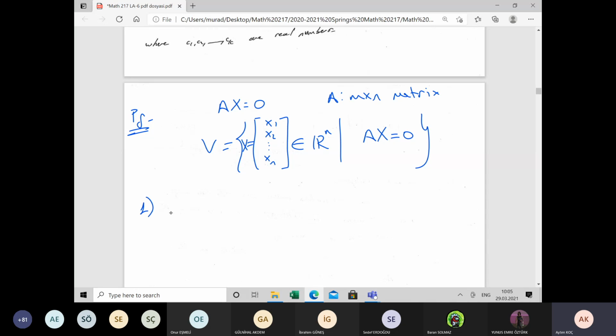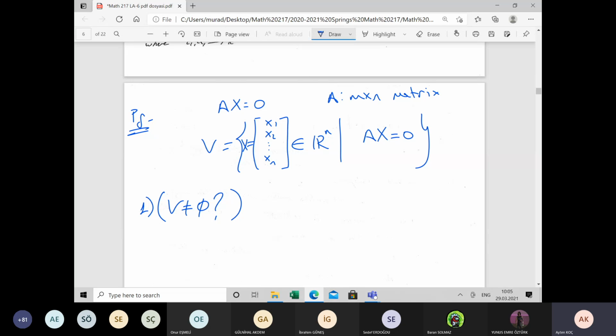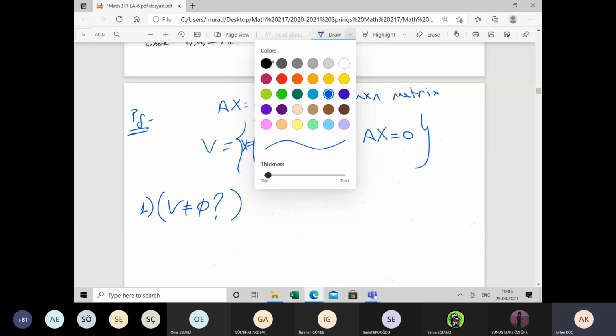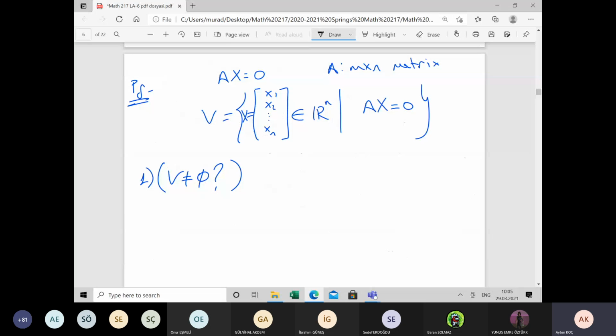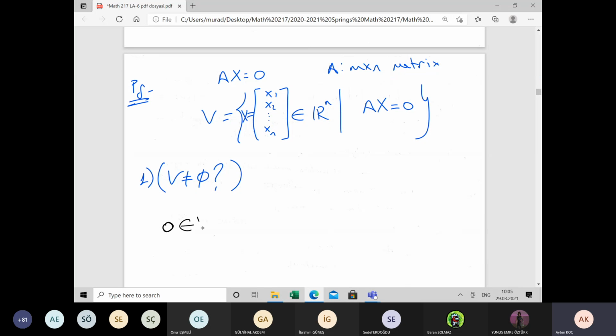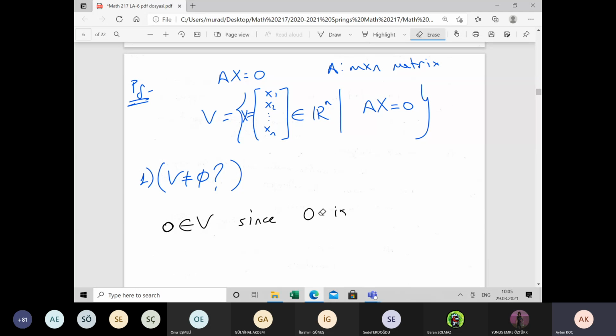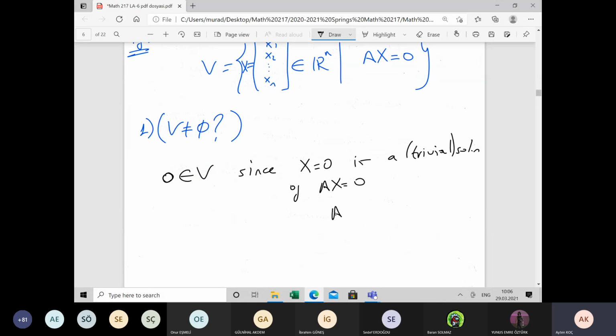First, we show that V is not the empty set. Is the zero vector in V? Yes, the zero vector is in V. What is the reason? x = 0 is the trivial solution of the homogeneous system Ax = 0, because A times 0 is always 0.